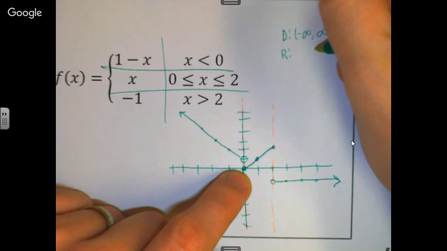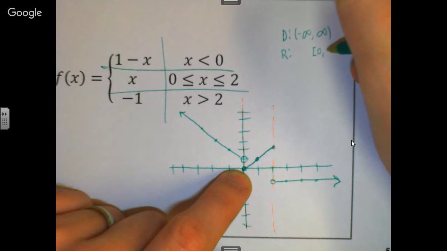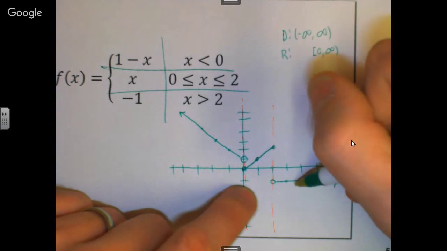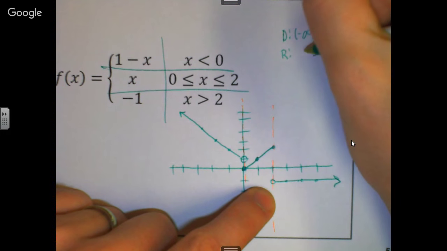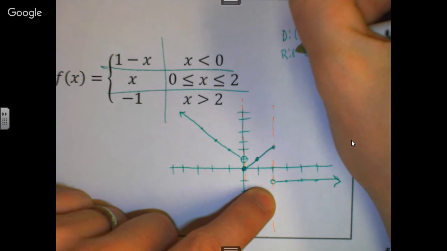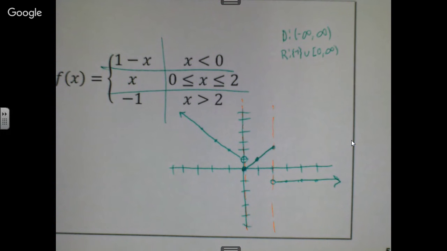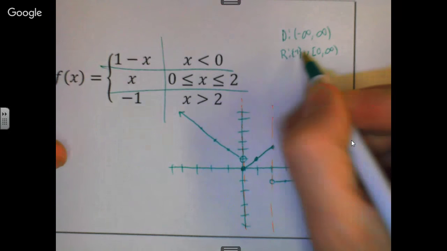And I've got to get this 1 in there. So union, we say negative 1. I think that's how they want you to recognize it. Yeah, that's how they want you to do it. That's the set notation on that one.